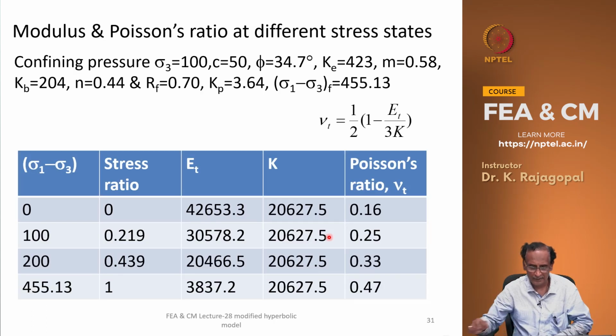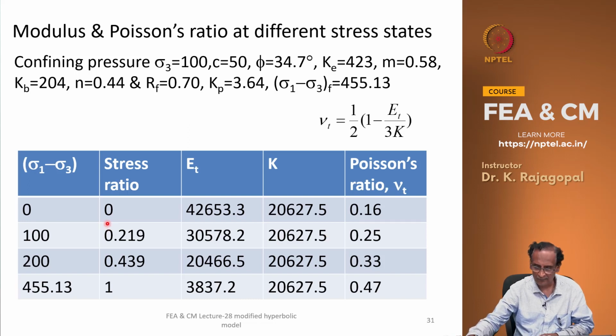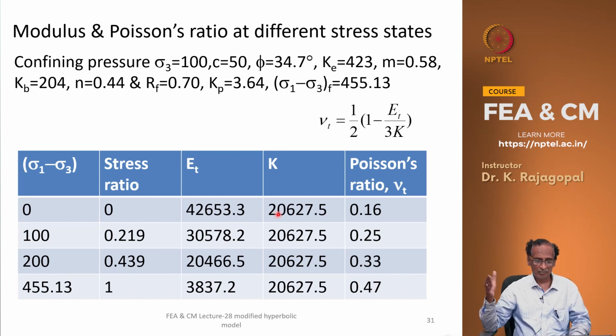And just to illustrate, at different shear stresses, we see that our tangent modulus at the start is 42,653, and our bulk modulus K remains constant, because it is not a function of the shear stress, it is only a function of sigma 3. Then our tangent modulus will go on decreasing at higher shear stresses.